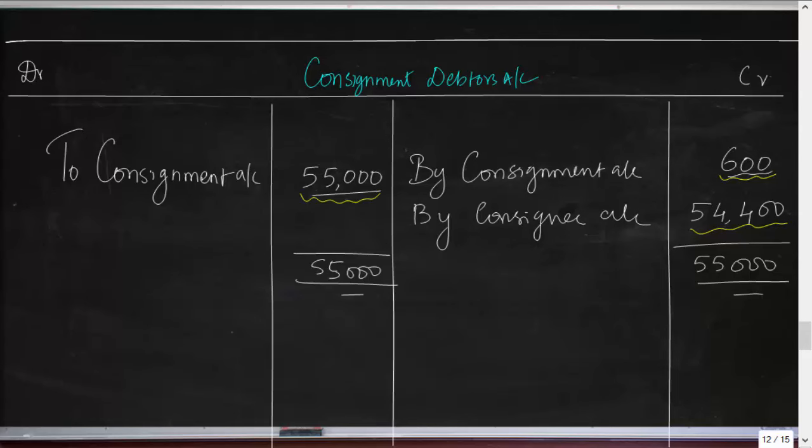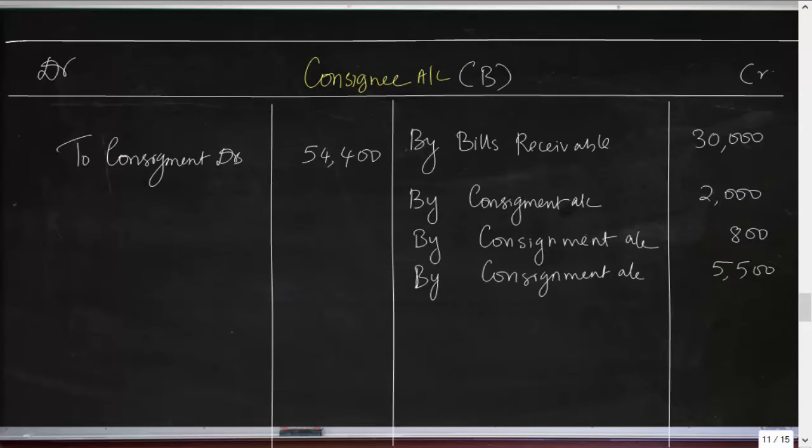This 54,400 is receivable from consignee, but he can adjust this 30,000 because he had already given a bill, which will be honored separately. Then he spent 2000, that has to be adjusted. He spent 800, that should be adjusted. He is entitled to a commission of 5,500. It means we can expect only the balance money from consignee.